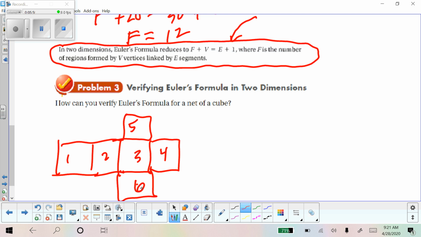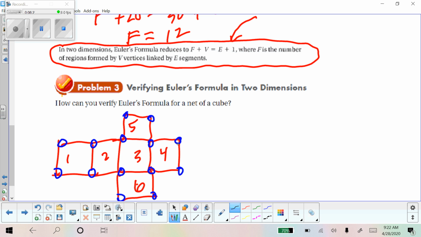And the number of vertices, those are the corners. Let me change colors of pen here so we can see those. 1, 2, 3, 4, 5, 6, 7, 8, 9, 10, 11, 12, 13, 14 of those. Okay, and now we just have to count the edges, and those are the line segments in between.